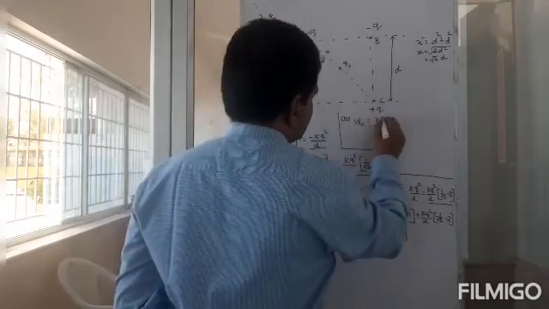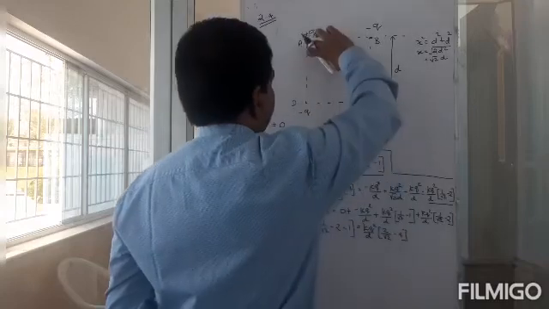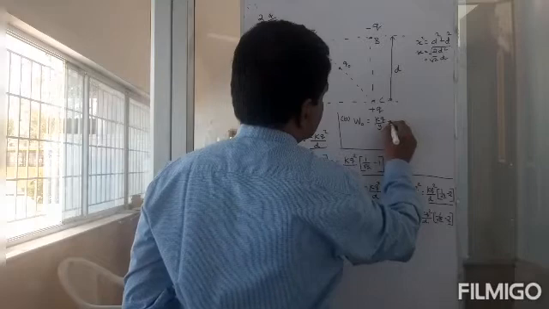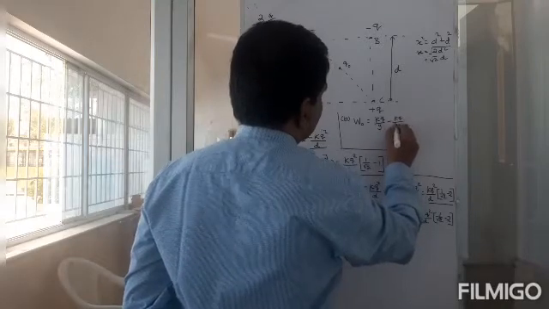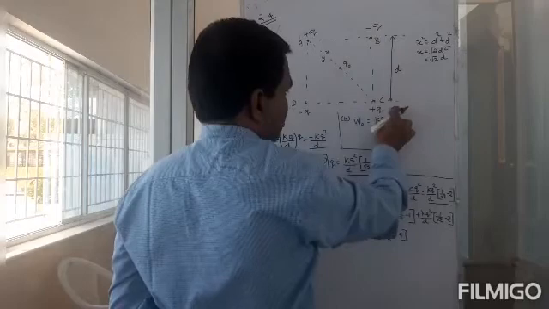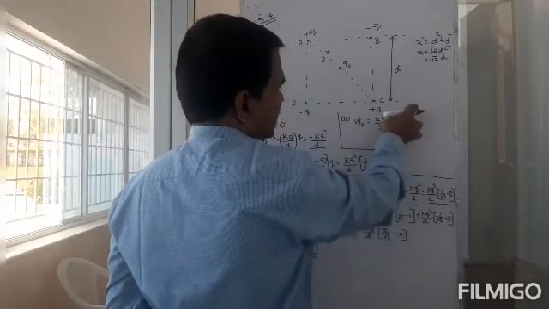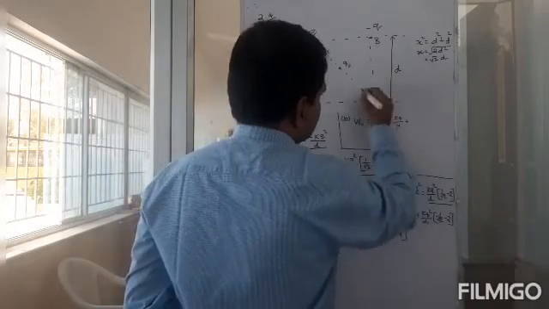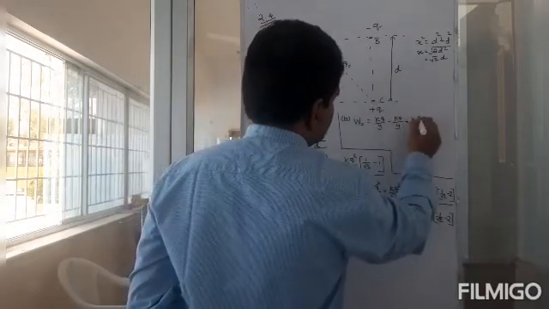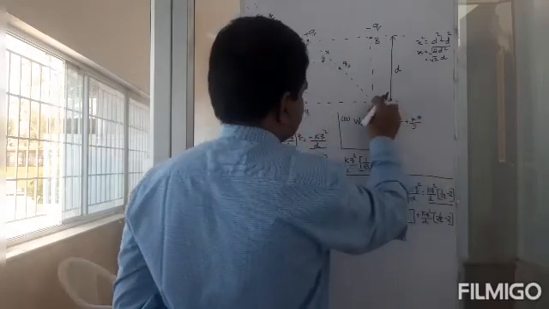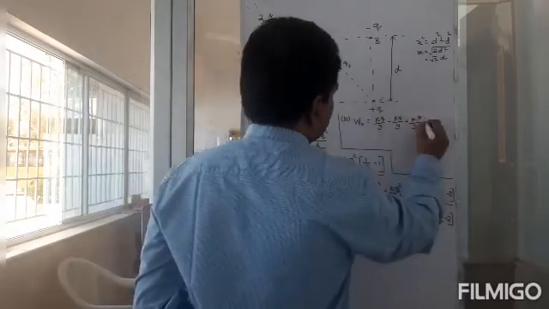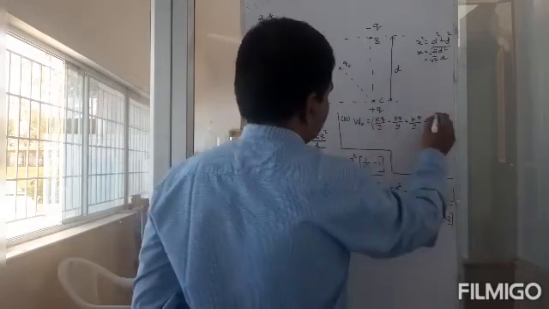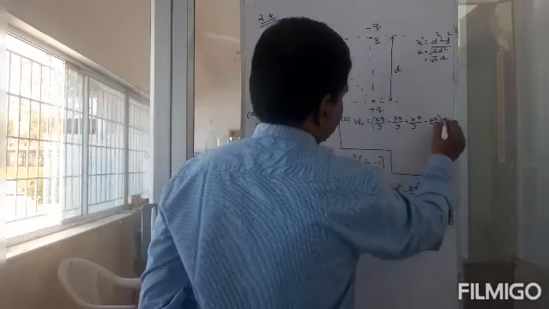First one, kq by y, that's plus, and this would be minus kq by the same y, plus kq by y for the third, and here again minus kq by y, multiplied by q naught.